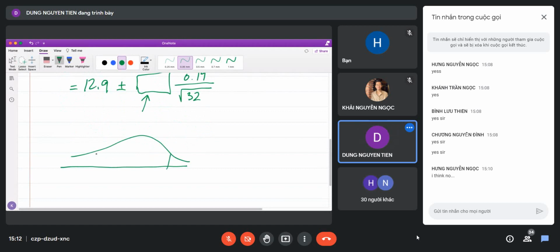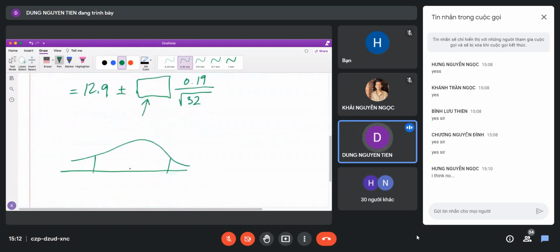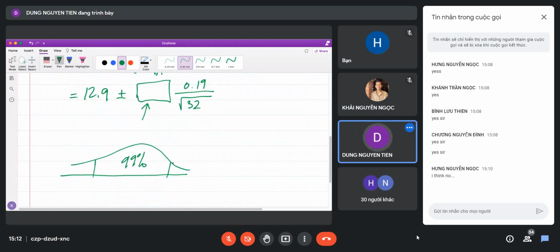You get the confidence level, that is 99%. The area of the two tails should be alpha equals 1 minus gamma, and you get 0.01. Because you have two tails and the distribution is symmetric, you get 0.005 here, and we are using the standard normal distribution.